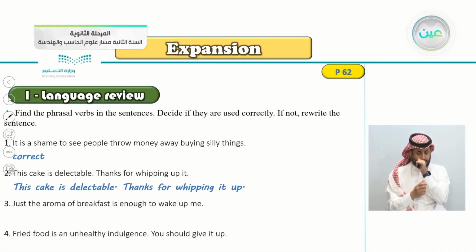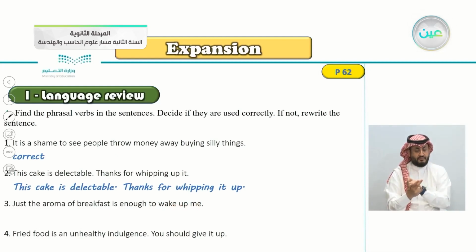Number 3: Just the aroma of breakfast is enough to wake up me. So I think now you noticed the phrasal verb here. Yes, it's wake up me. Is this correct or not?